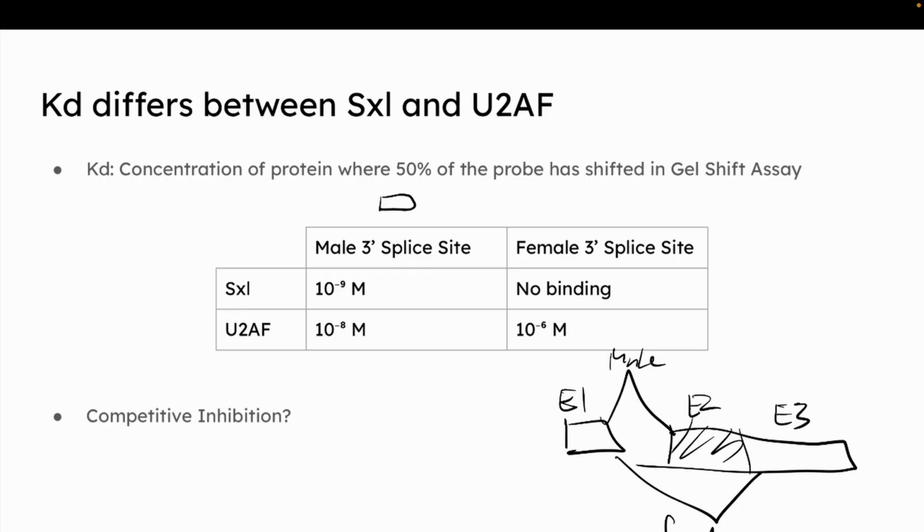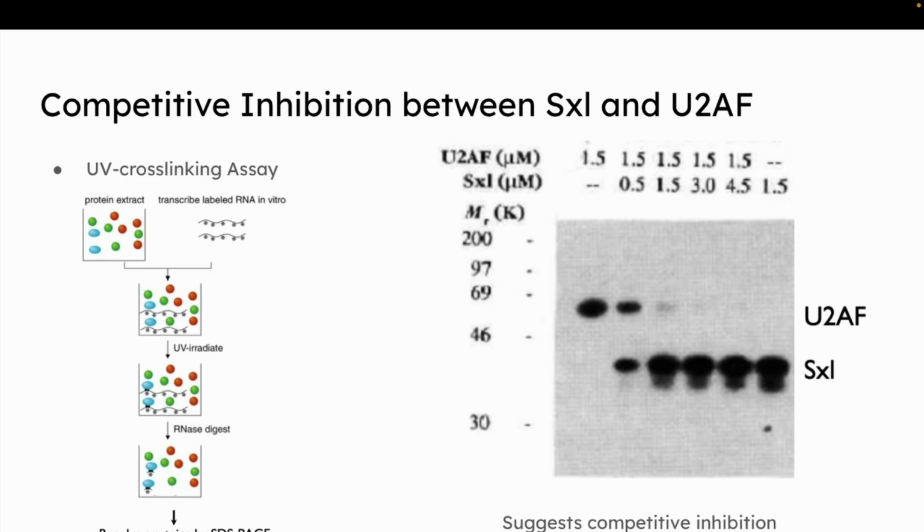whereas this does, because here we're customizing the respective concentrations, and we see that as soon as Sex-lethal is even just a third of what U2AF is, we see a very good balance between those two. And as soon as Sex-lethal is the same concentration, boom, all Sex-lethal, all of it.